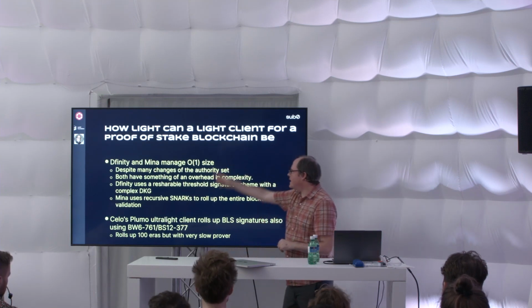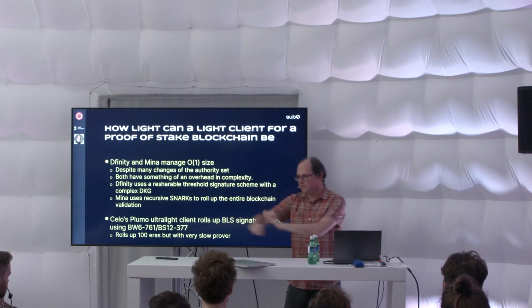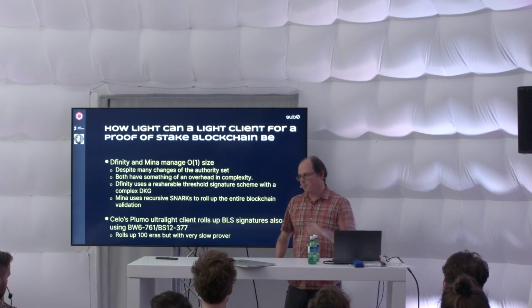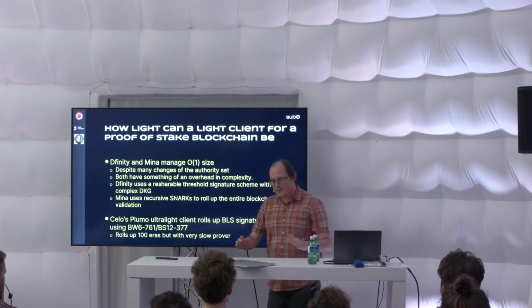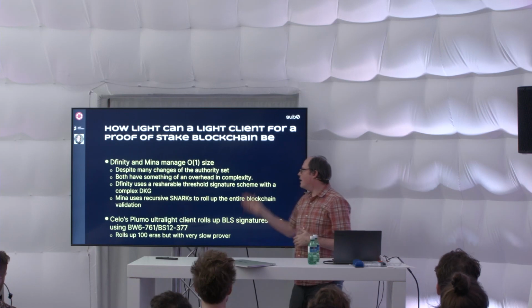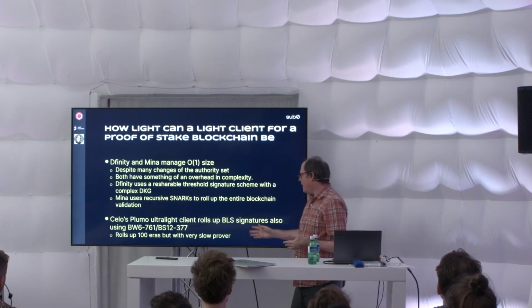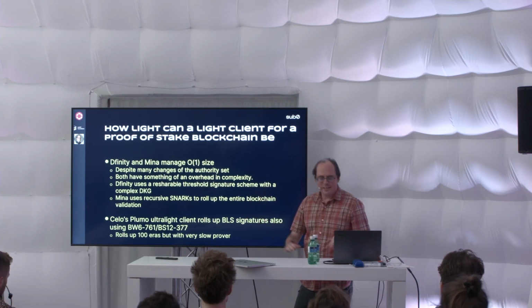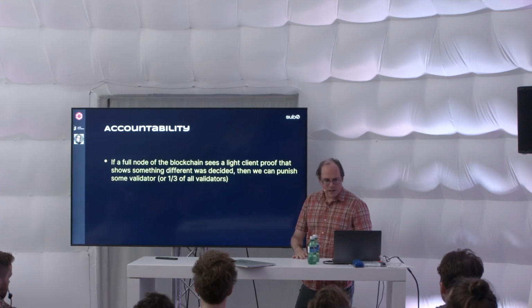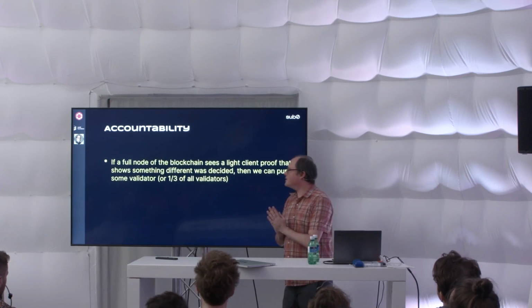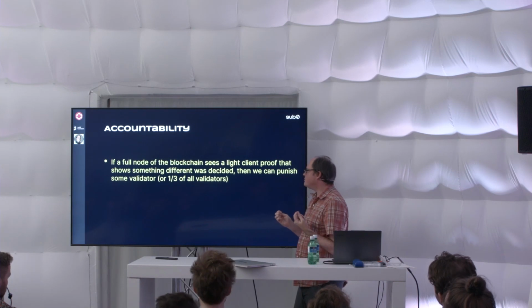If we just have the same key and we keep it forever and it's reshared among these guys, we know that 2/3 of people at some point signed this thing. We don't know which 2/3, we don't know when. Mina, likewise, no information. And Celo, you get it down to 100 validators. Great, but we don't know who signed this stuff. And what we're interested in is this idea of accountability.